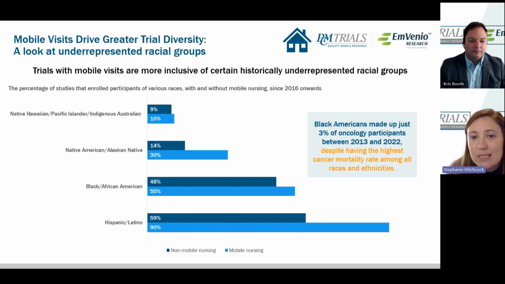You can see that the ones that are in the dark blue were the ones that did not utilize mobile nursing, and they had a lower percentage of representing these different ethnic groups, where those that did utilize mobile nursing were able to have a much increased percentage of those ethnic groups in the trial population.